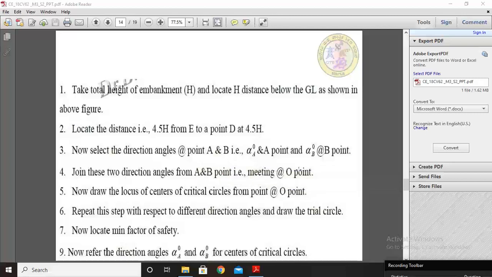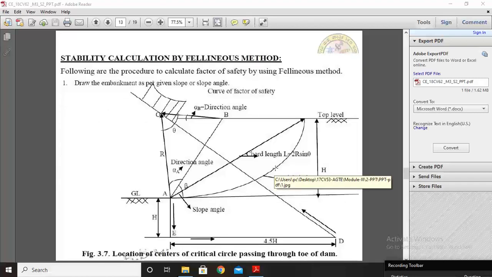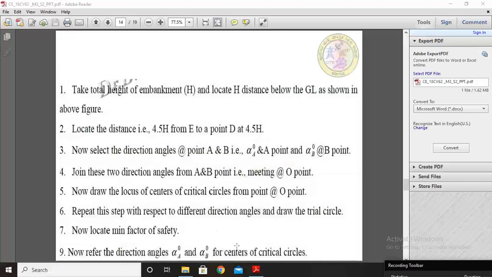Next step, select the direction angles alpha A at point A and alpha B in degrees at point B. See here, alpha A from the A point, alpha B from the B point.